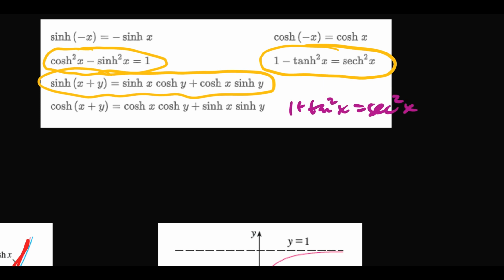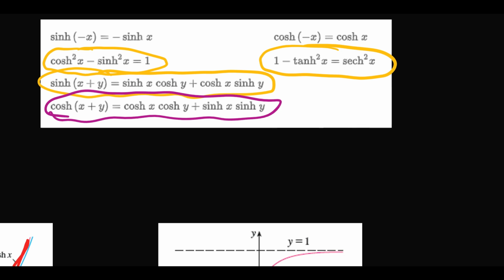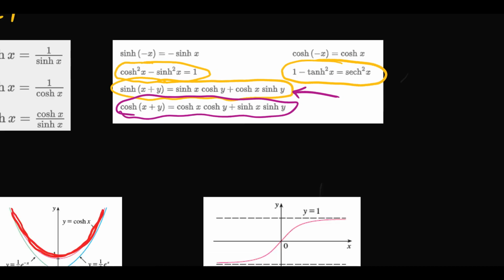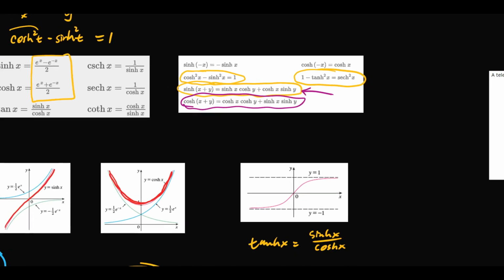Here it's 1 minus. So I invite you to learn how to prove all of these. And if you want to see a video or you want me to write out, particularly that one can be difficult, then I will. Let's get to some problems though that you might see in the homework.